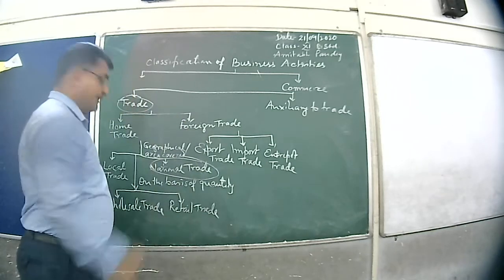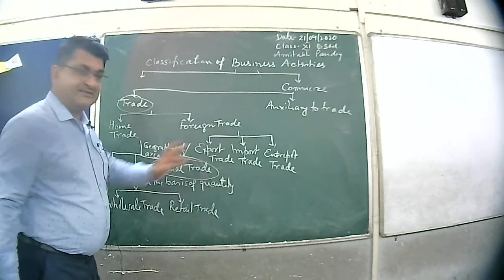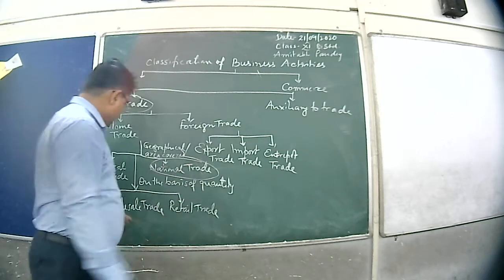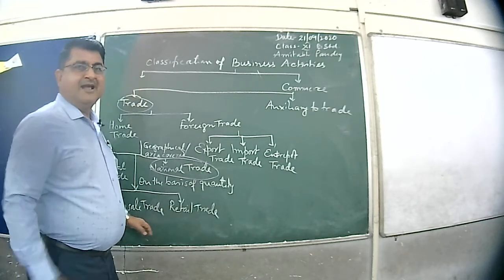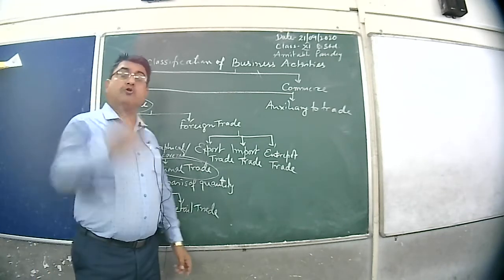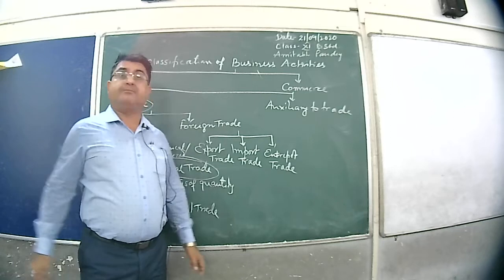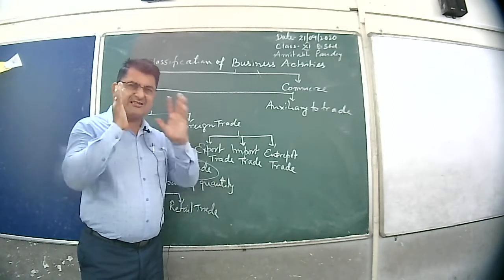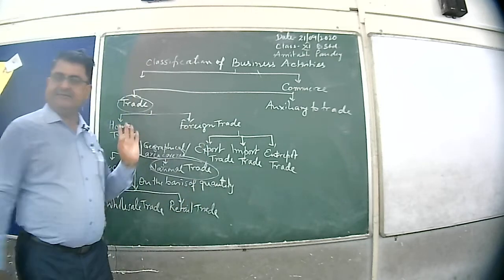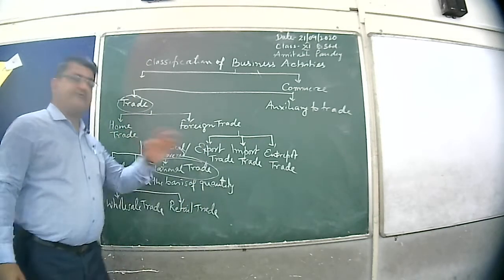But on the basis of quantity in which goods are purchased and sold, you have wholesale trade and retail trade. What is wholesale trade? In wholesale trade, goods are purchased in bulk quantity from producers, manufacturers, and are sold in small lots to retailers. Then what is retail trade?